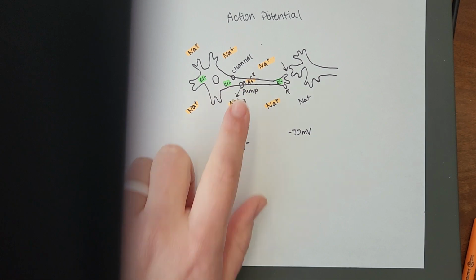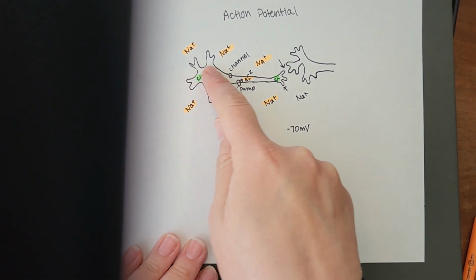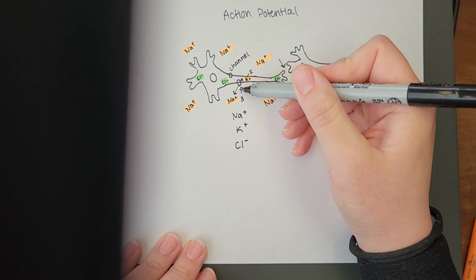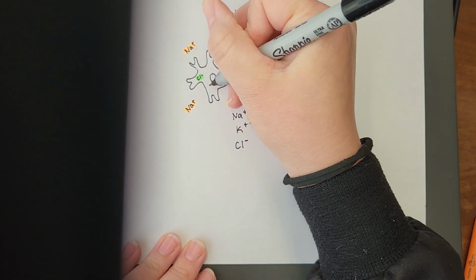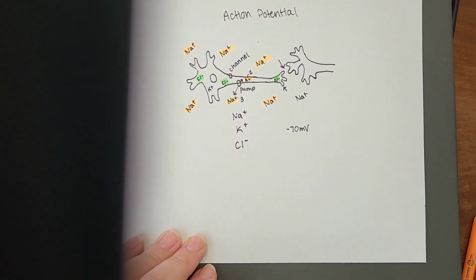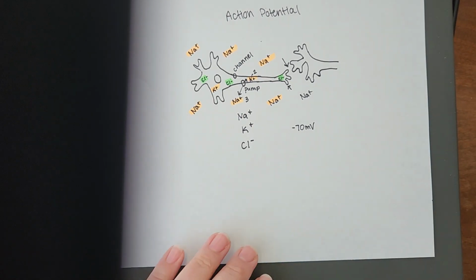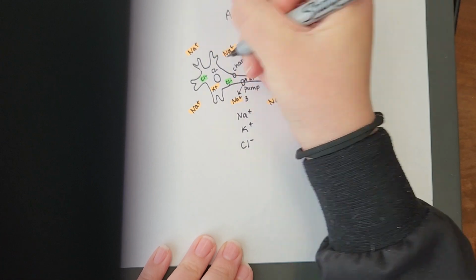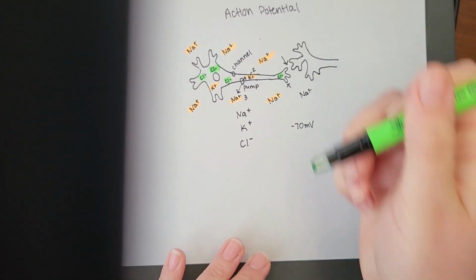And because the pumps are constantly pumping out sodium, we have a relatively low amount of sodium within the cell. So even though the sodium-potassium pump is letting in some potassium, right, which is still positively charged, it's outweighed by the large number of chlorine ions, which is why that charge on the inside of a cell is negative.